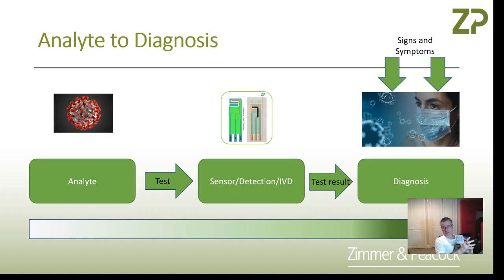It's not clear from the test result alone what disease somebody has. So a health professional has to look at the test result and the signs and symptoms. So as much as I love electrochemical biosensing, it has to be used by medical professionals in the context of the patient as well.